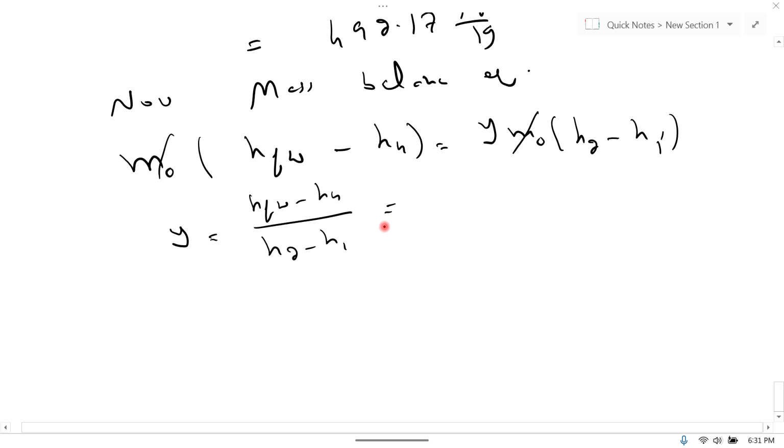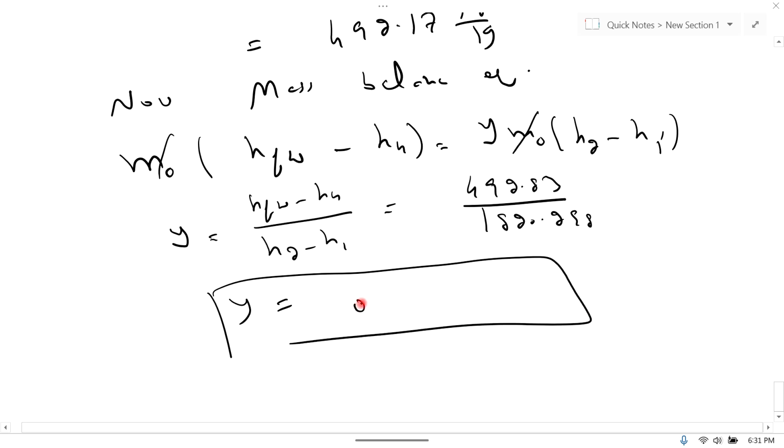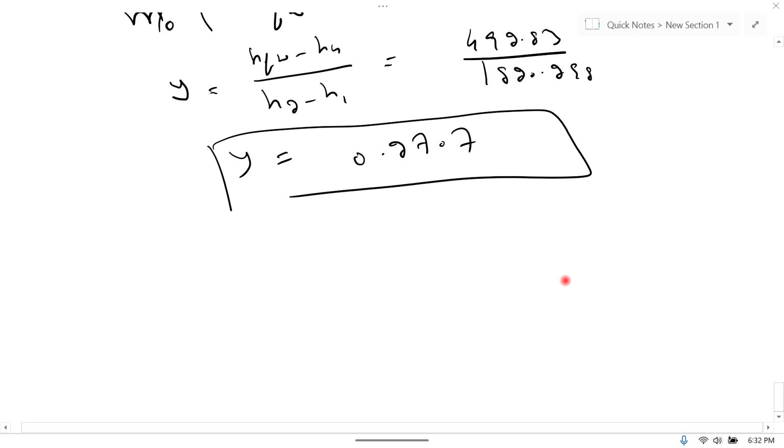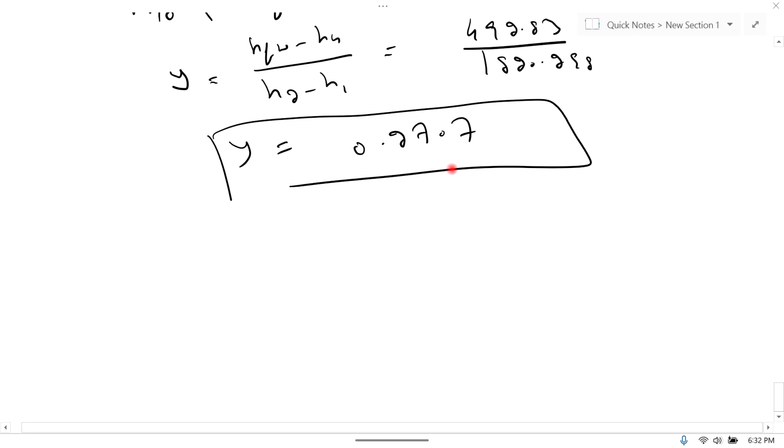So HFW minus H4 is equal to 492.83, and H2 minus H1 is equal to 1820.298. All values are given to us, already defined by us. So y is equal to 0.2707. This is basically the fraction of extraction and condensation in the closed feedwater heater, extracted from the high pressure turbine.